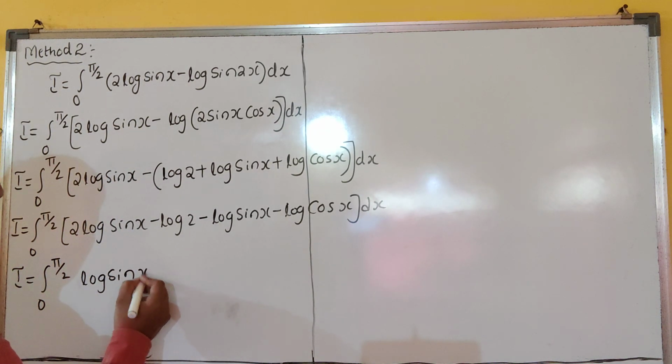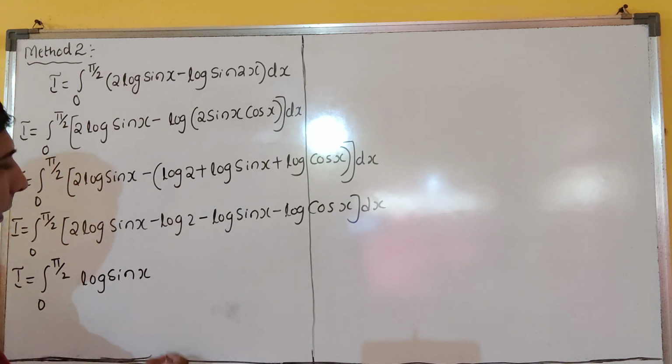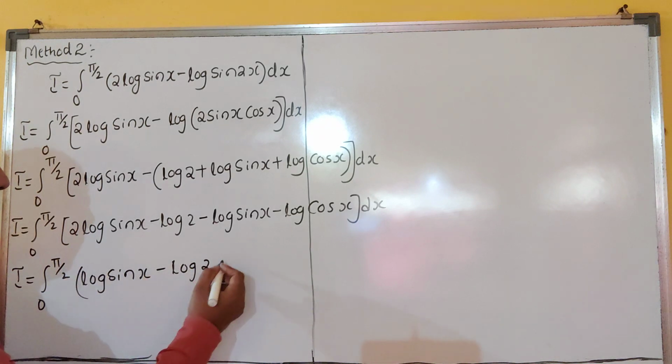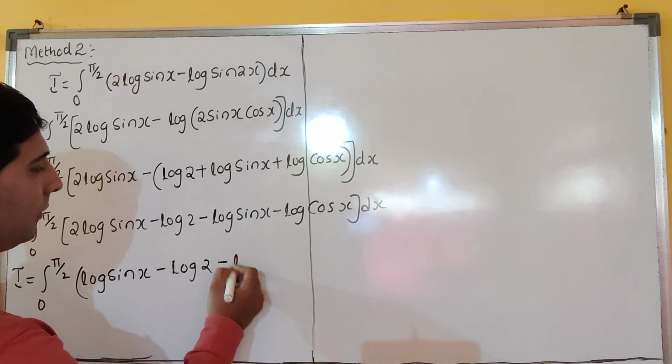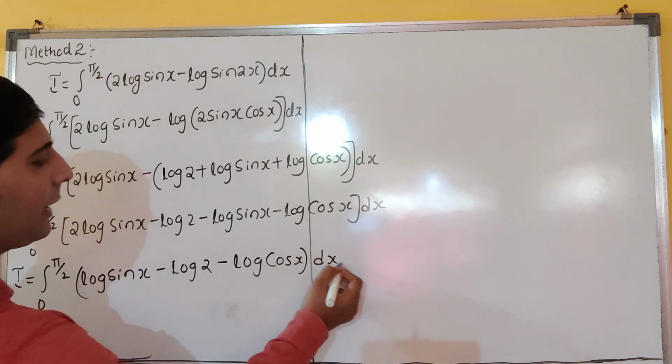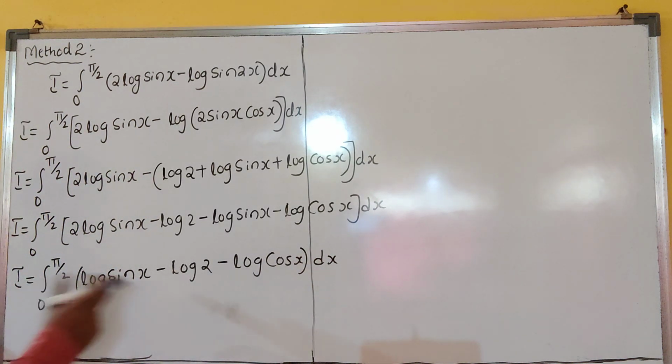You are left with only 1 log sin x. So minus log 2 as it is, minus log cos x dx. Clear? Everyone understood this? Now see, integration you take inside.